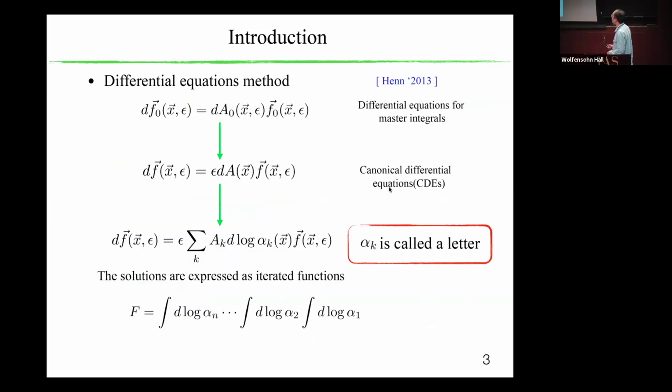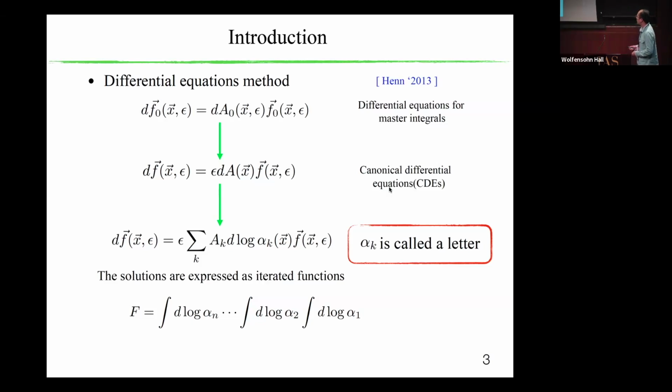And in order to compute this kind of integrals, one of the powerful methods is the differential equations method. We begin with a set of differential equations and then choose an appropriate basis, or canonical basis, such that we can get epsilon-factorized differential equations. And with these differential equations, we can further rewrite them in a d-log form, and this capital A_k is just a constant matrix.